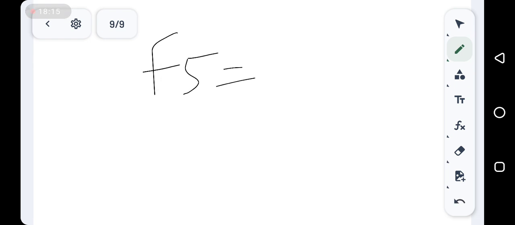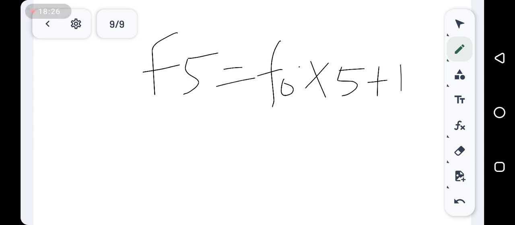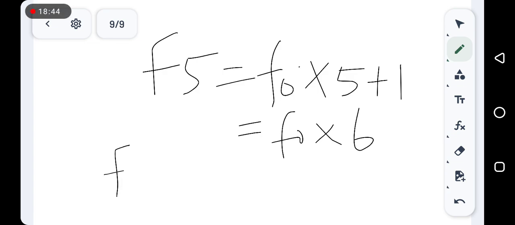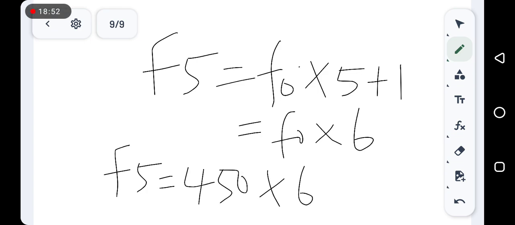Our F5 is equal to F0 times n plus 1, that is 5 plus 1, which is F0 times 6. Now we know our F0: it is the fundamental frequency given to us, which is 450. So it is 450 times 6.